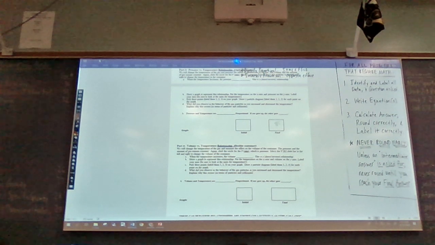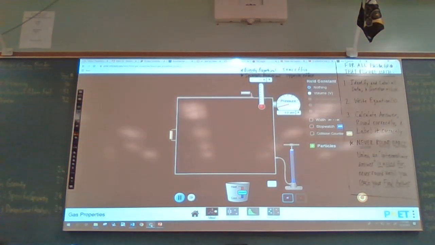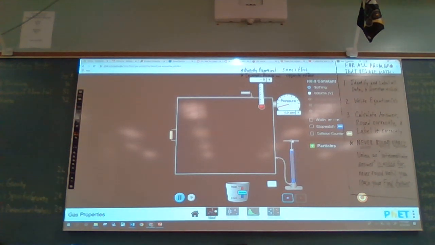Number 4 is volume and temperature. This is in a flexible container. So let's pull up the simulator here. There we go. I'm going to put some particles in there, give a couple of pumps here.